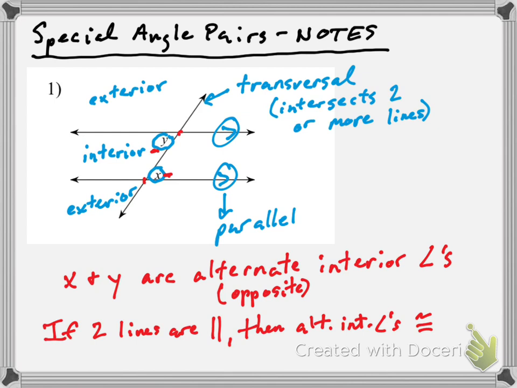Alternate means opposite sides of the transversal. If 2 lines are parallel, which in this case they are, then the alternate interior angles are congruent. So angle X is congruent to angle Y.